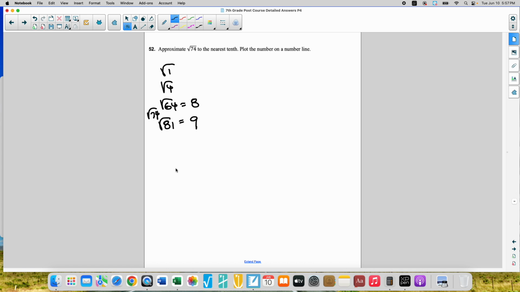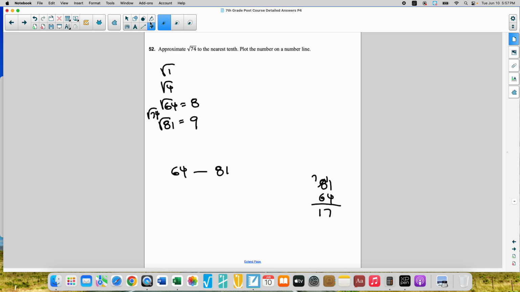So we're going to approximate. Between 64 and 81, what's the distance between those? 81 minus 64 is going to give us 17. So that's the distance between these two.